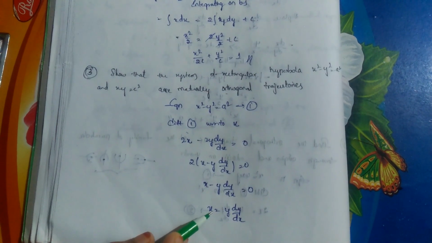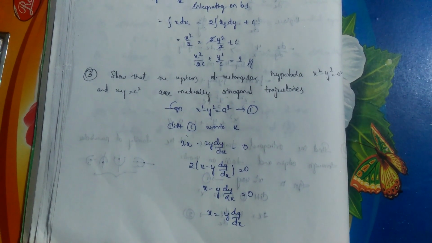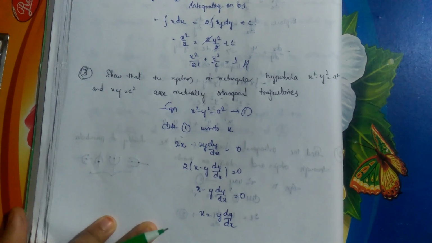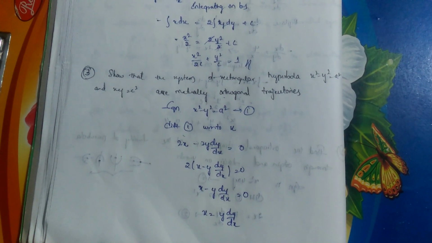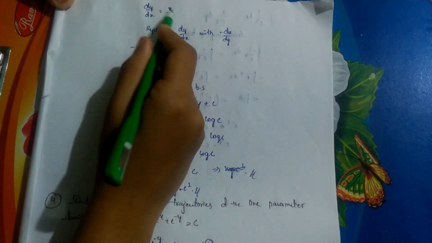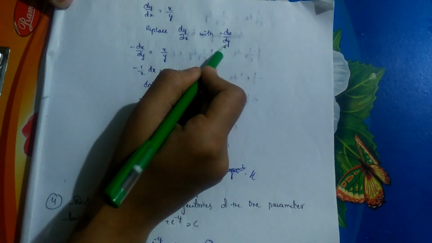So we send this y dy by dx to the right hand side, then you get x is equal to y dy by dx. Then here it can be written as dy by dx is equal to x by y. Now we have to replace the dy by dx with minus dx by dy.